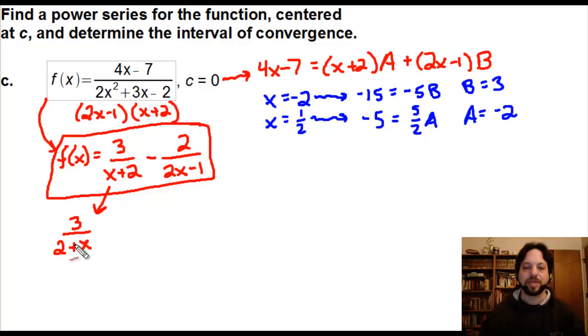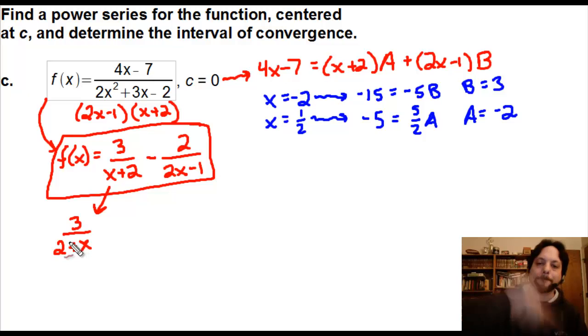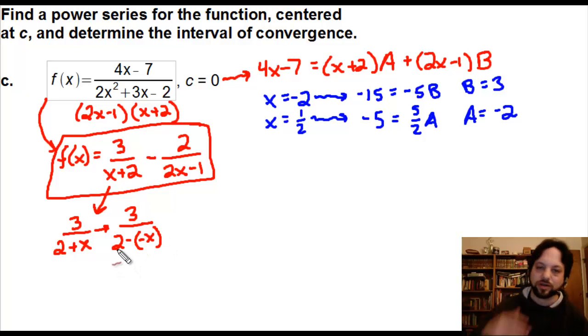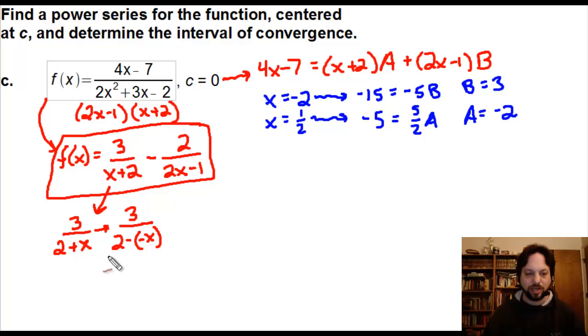Now you see the problem with that. It has to be a over 1 minus r. So what I will do is I will turn this into 3 over 2 minus negative x. Now it is a over something minus r. Well, of course, I do need to divide by this 2 right here in order to make it 1 minus r.